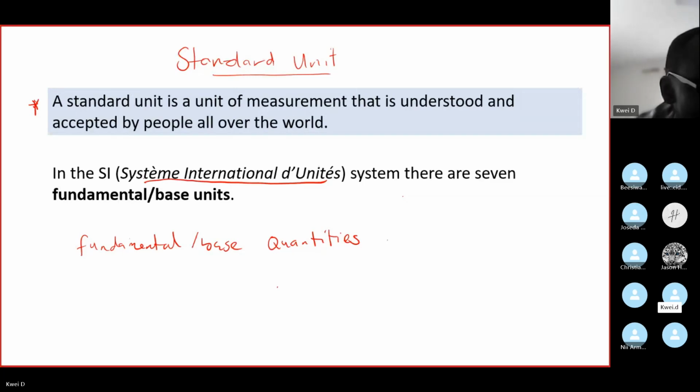These 7 fundamental quantities also have units, which we call the fundamental units. So since we have 7 fundamental quantities, we also have 7 fundamental units, or 7 fundamental SI units, or standard units.